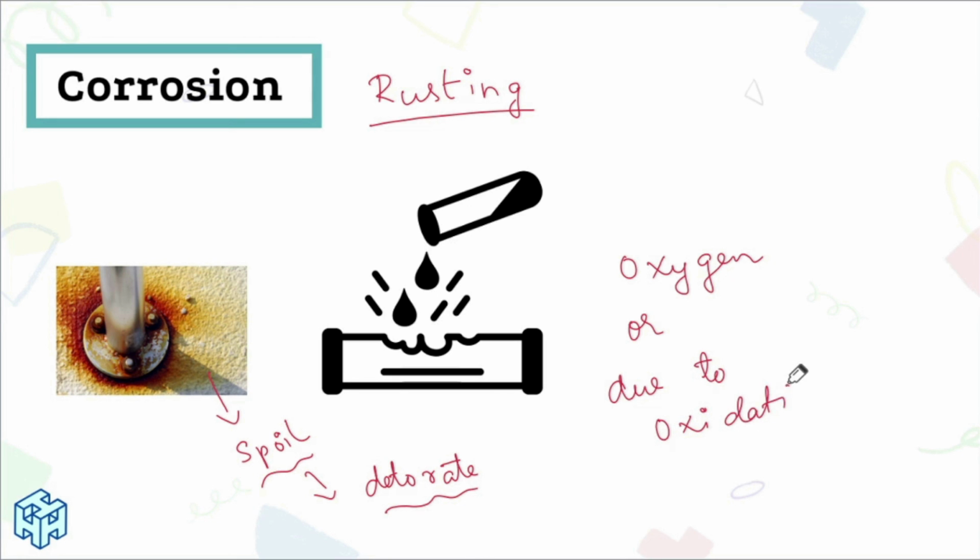Let me explain very clearly. Let me consider I am keeping an iron rod in water and air for some 3 to 4 days, 5 days, 6 days. We can see that a brownish layer is forming here.